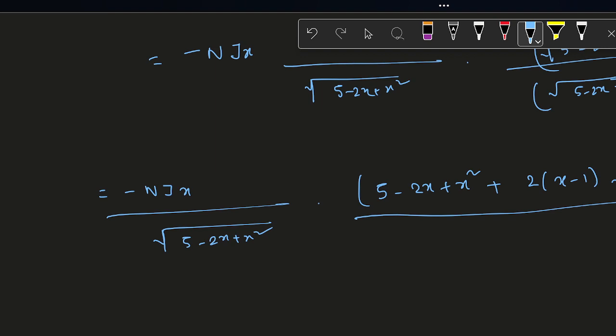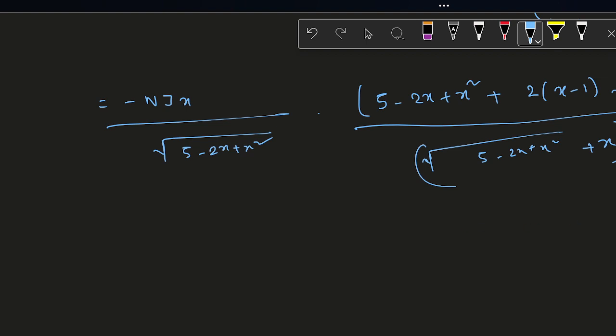And the denominator is, because this is a plus b into a minus b sort of a formula, where a is up to this and 1 is your b. So this is a plus b into a minus b, which is a squared minus b squared, which is 5 minus 2x plus x squared plus x whole squared minus 1 squared, which is 1.